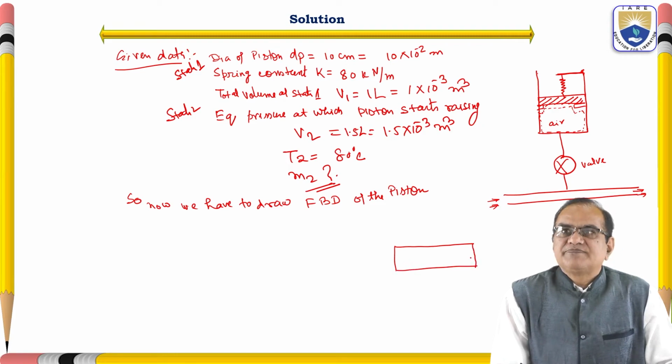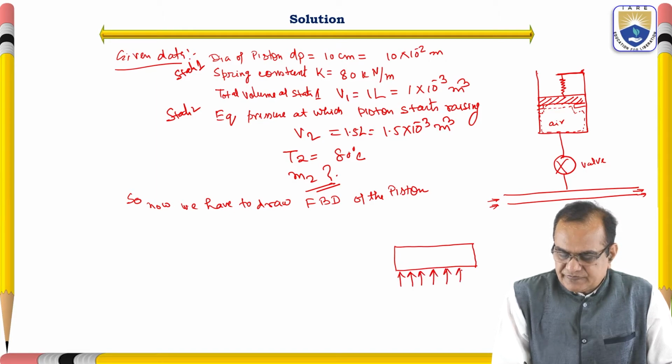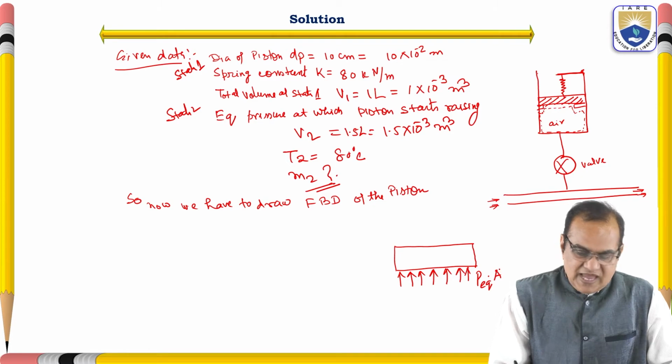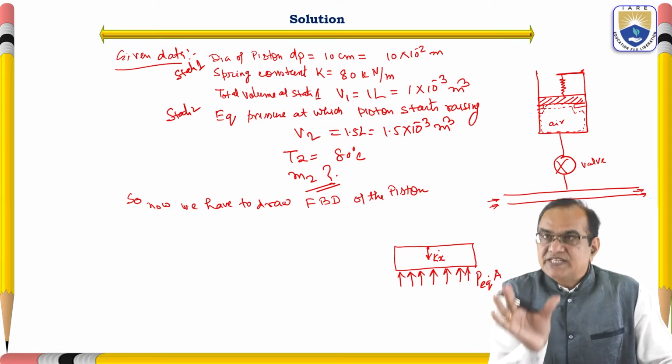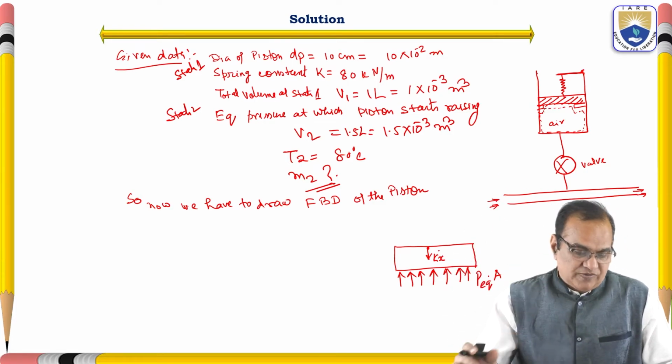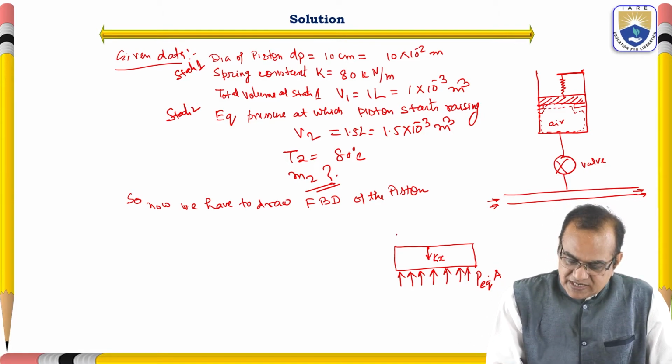From the bottom you will get the equilibrium pressure, I will write as P equilibrium into A, and this spring has a spring constant, so it is Kx, because as and when it is pushing, it will press down. And here is the atmospheric pressure.